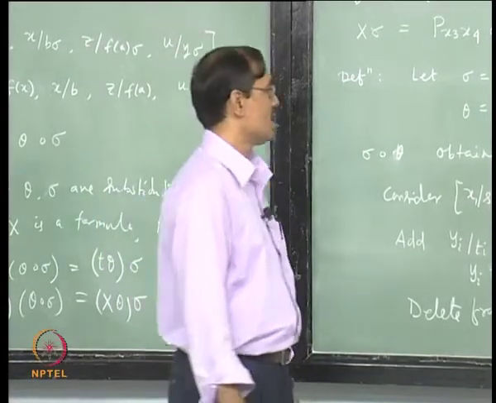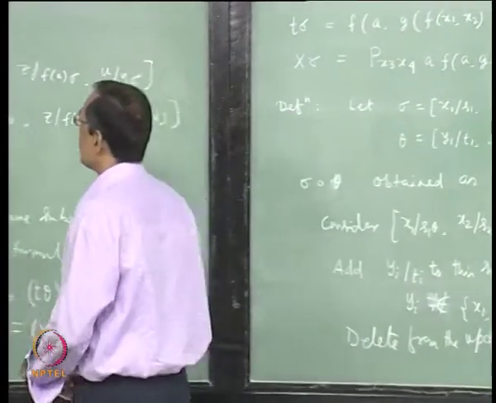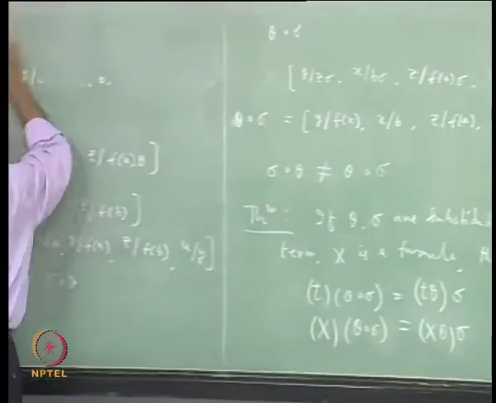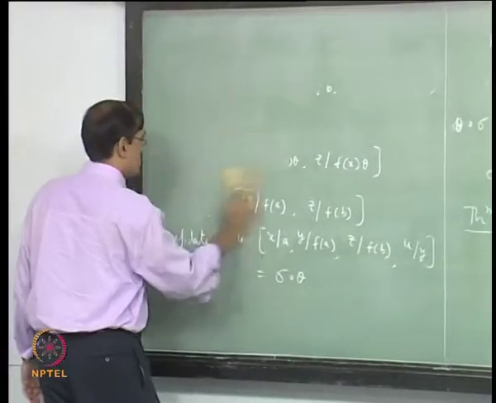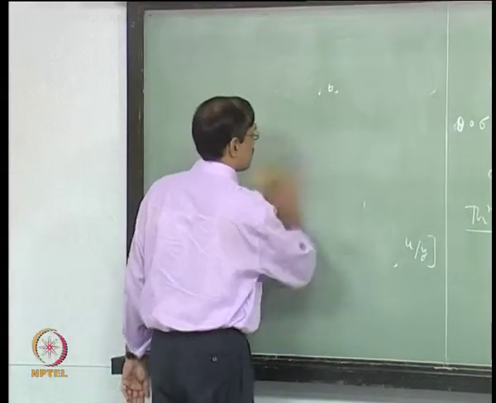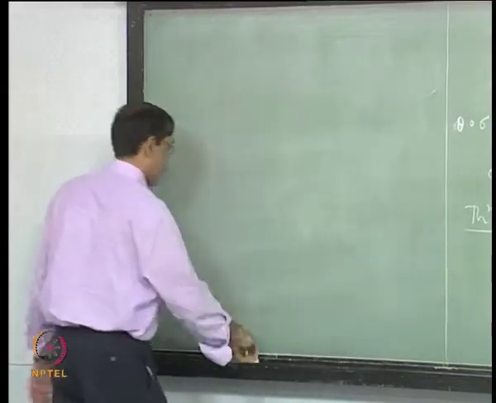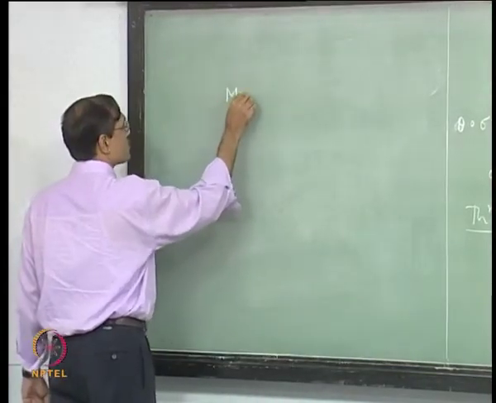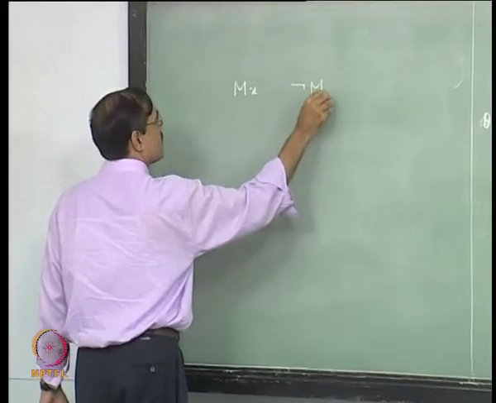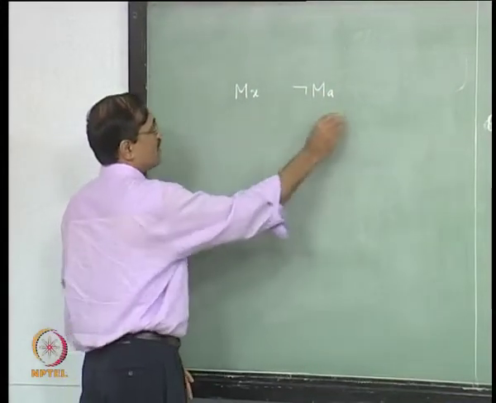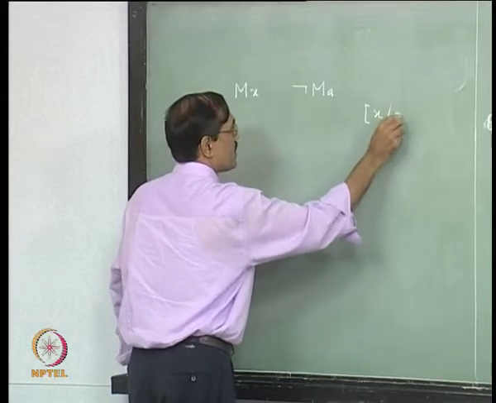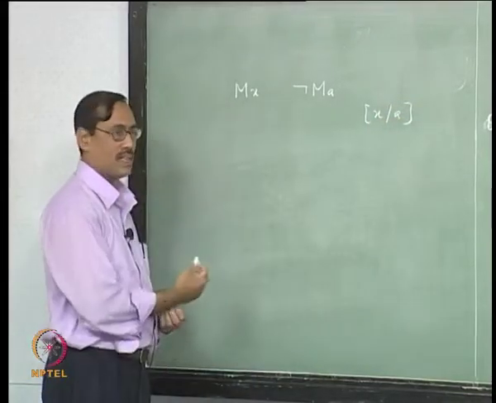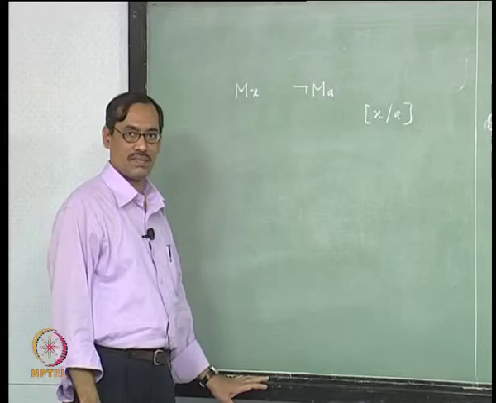Fine. Now, if you start with say M x and not M a, it is easy to see what substitution it is. Suppose you have M x and you have not M a. Our substitution should be x by a, the choice of substitution, so that both of them will be able to resolve.